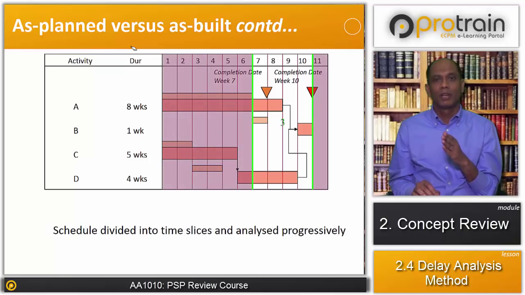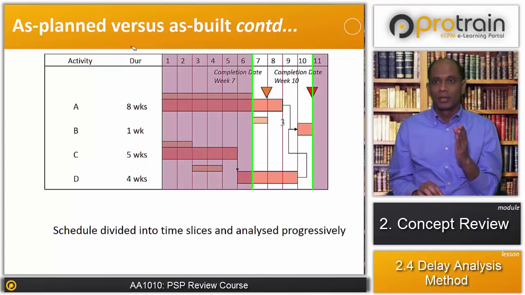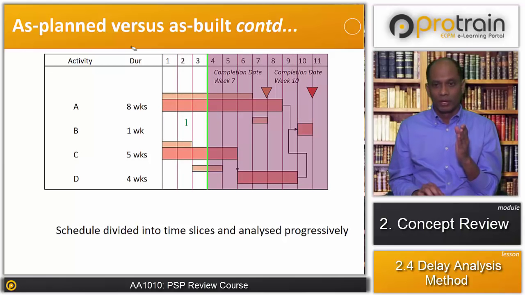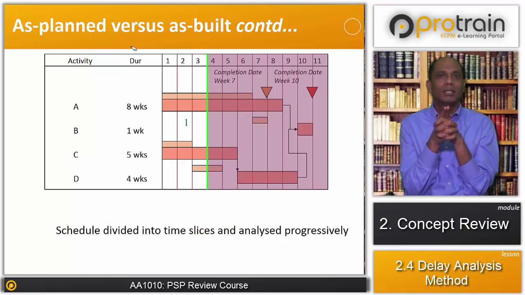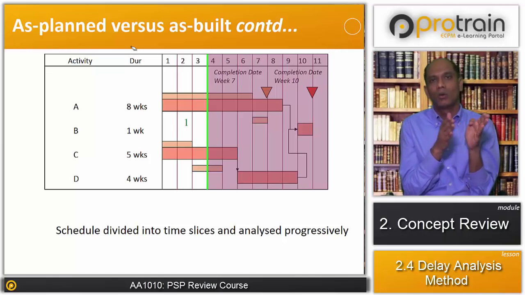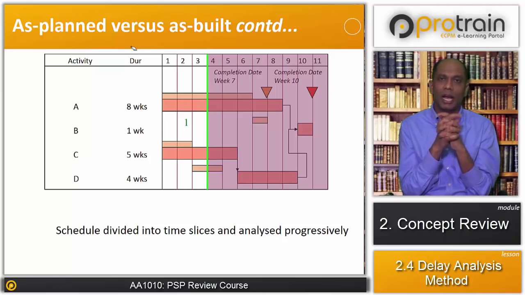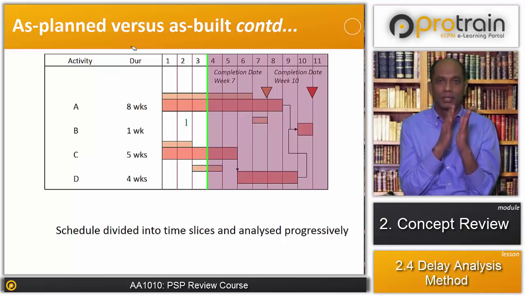First we take window 1, and in that window we are going to analyze the window level variance. I mean, in this window we see what was planned and how the activities were delayed during that window, and who is the party responsible. We analyze the employer's delay and the contractor's delay during that window.